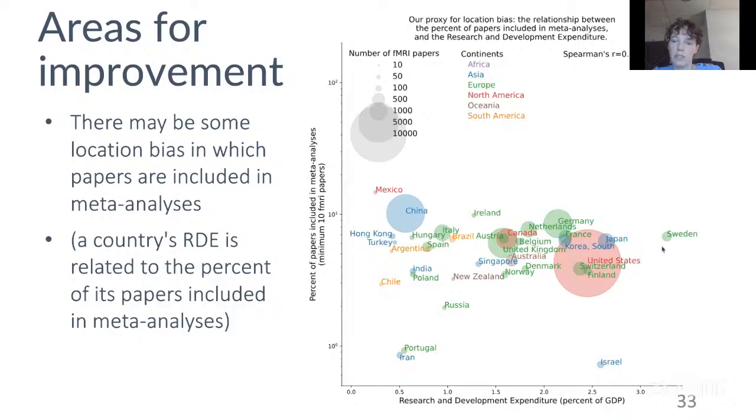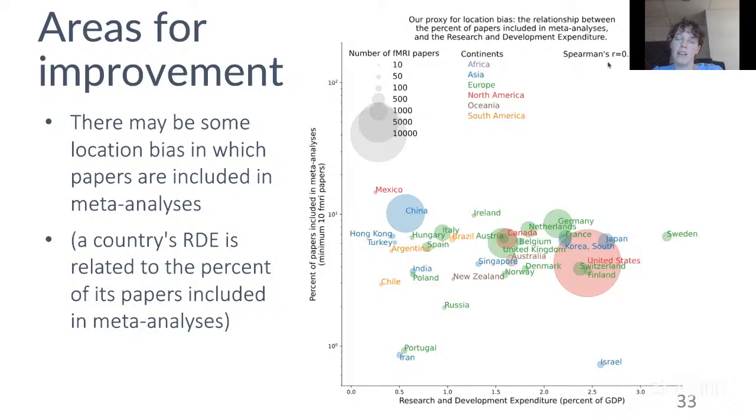So you see, for example, on this end, Sweden has a high RDE, and it has a relatively high percent of papers included in meta-analyses. Whereas on this end, for Iran, they have lower RDE and also fewer papers included in meta-analyses.